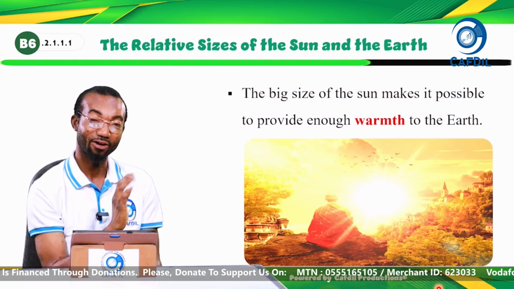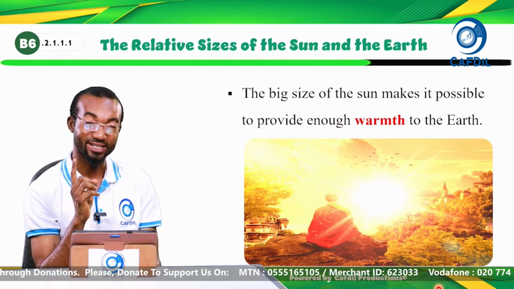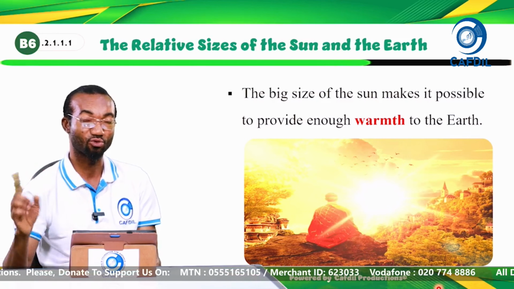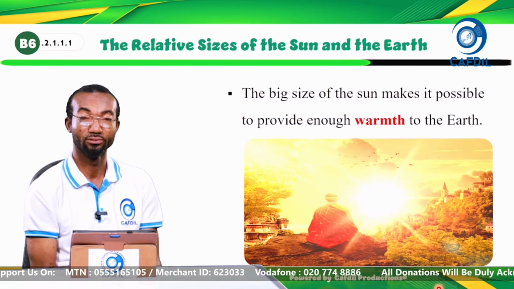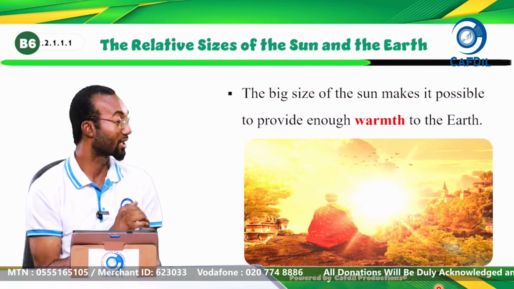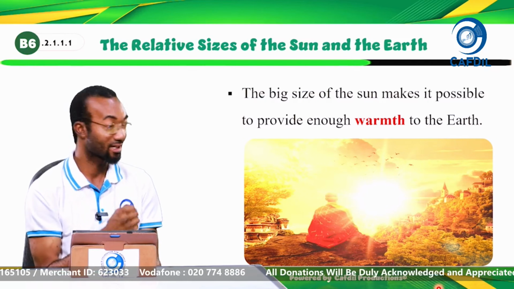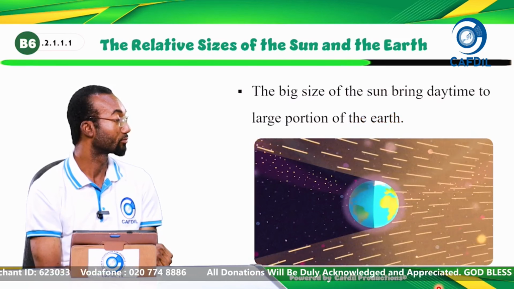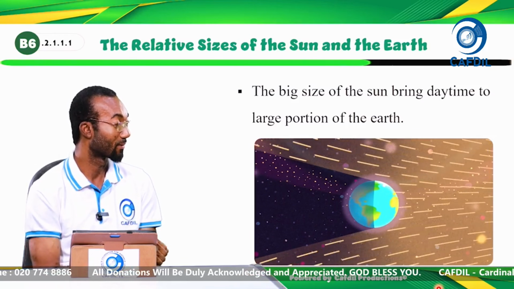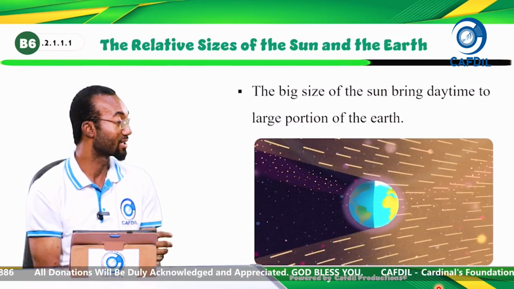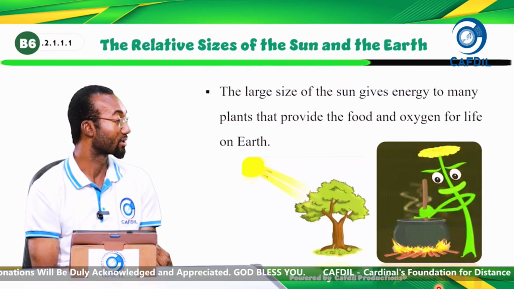The weather from 12 midnight is not the same as what we experience at 12 noon, when the weather becomes hot. So the sun keeps us warm. The big size of the sun also brings daytime to a large portion of the earth.